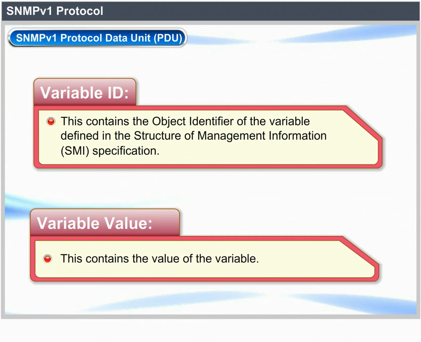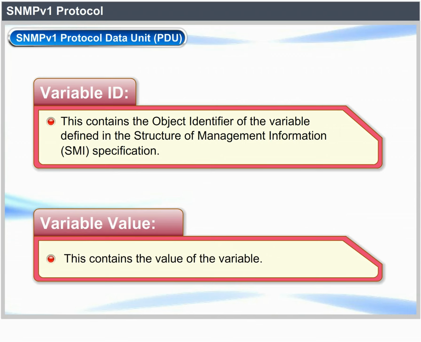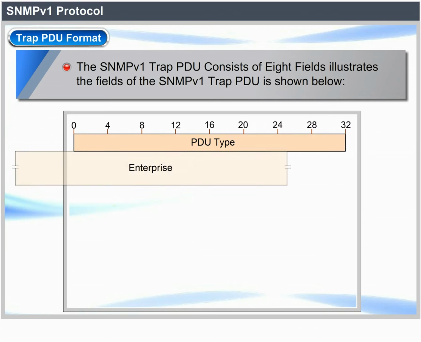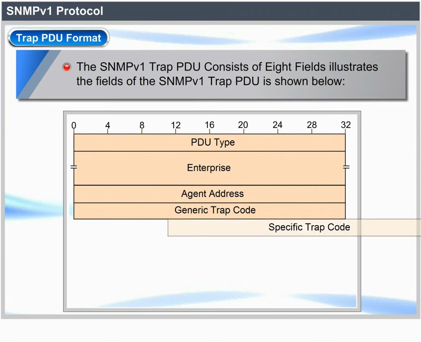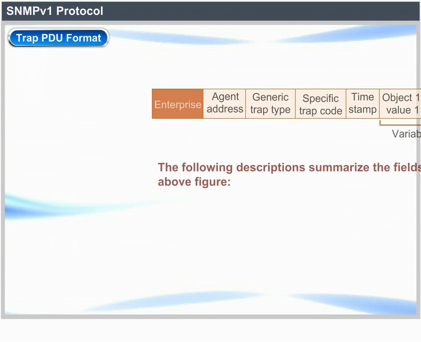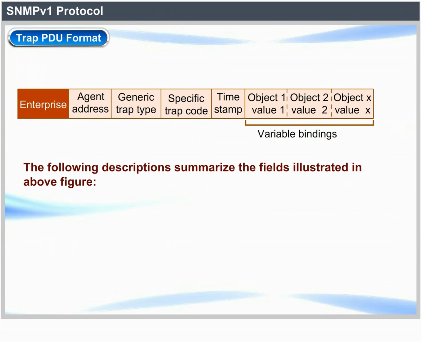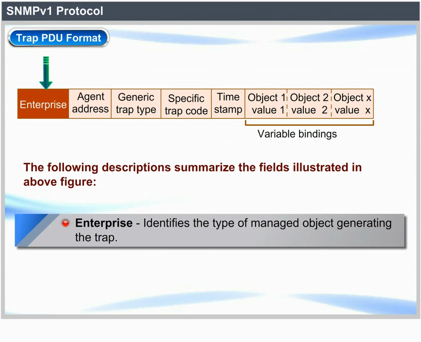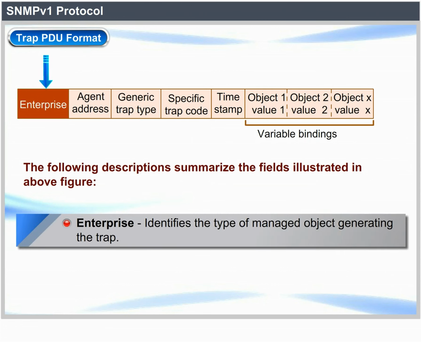Trap PDU format. The SNMPv1 trap PDU consists of 8 fields. The figure below illustrates the fields of the SNMPv1 trap PDU. The following descriptions summarize the fields illustrated in the above figure. Enterprise identifies the type of managed object generating the trap. Agent address provides the address of the managed object generating the trap.